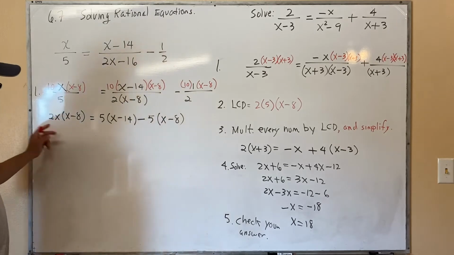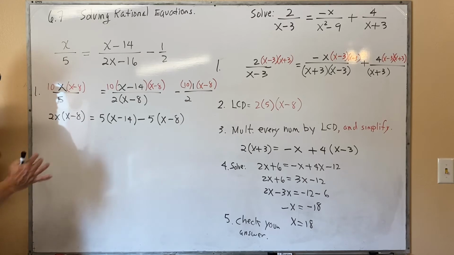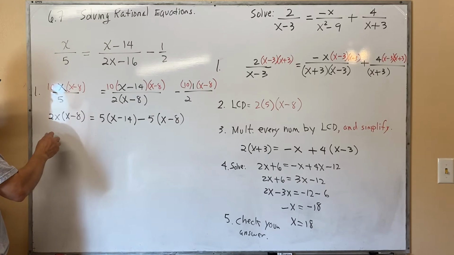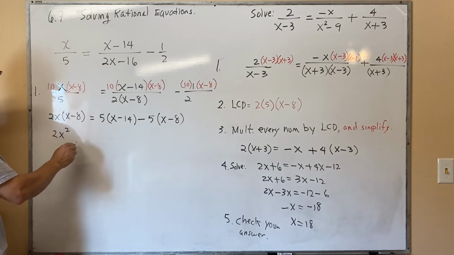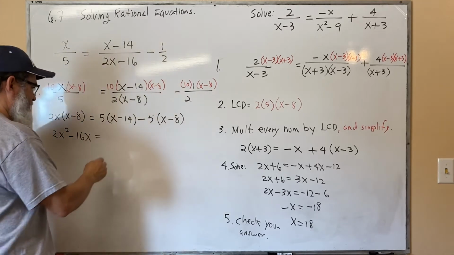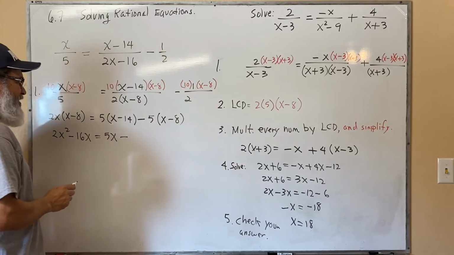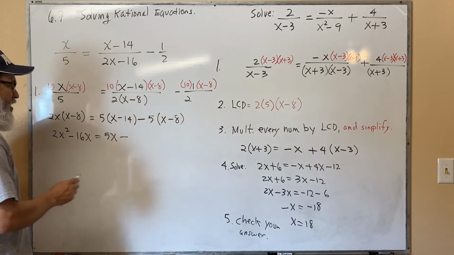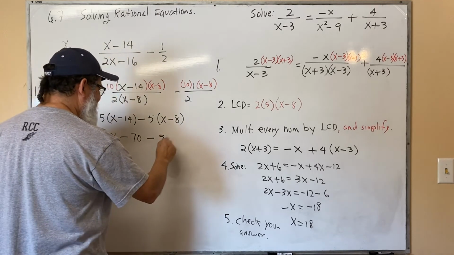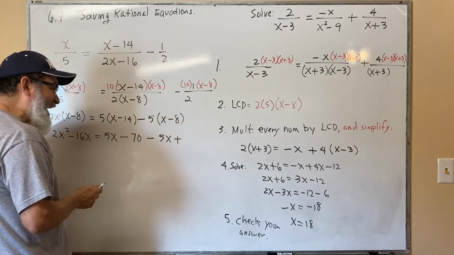To solve this, distribute, put all the terms on the same side, and then solve. Distribute: 2x squared minus 16x equals 2. Distribute: 5x minus, what's 5 times 14? 70. Minus 5x plus 5 times 8 is 40.